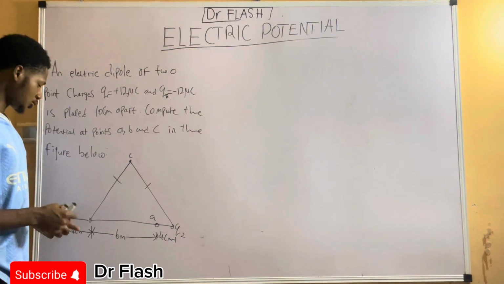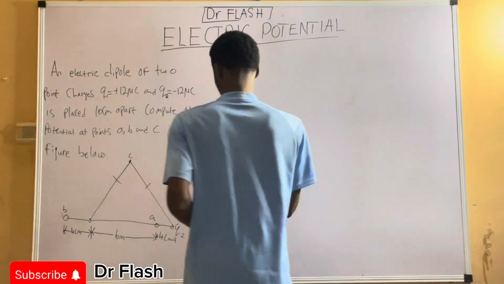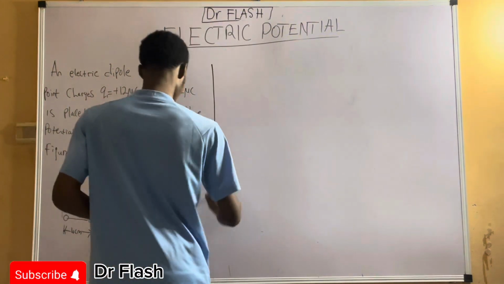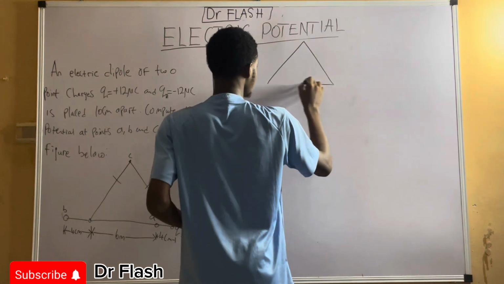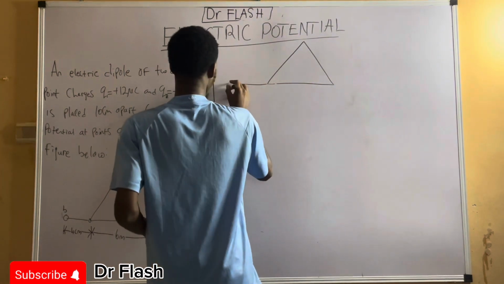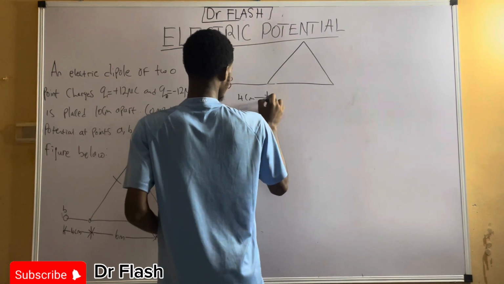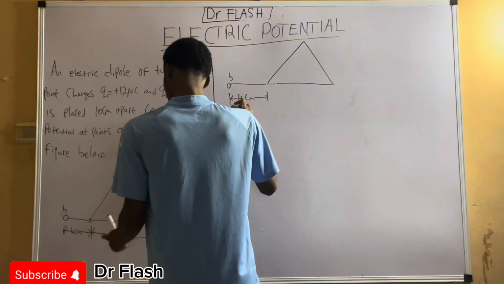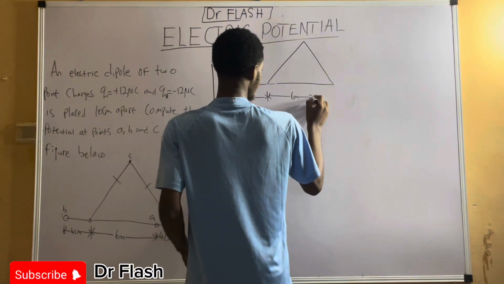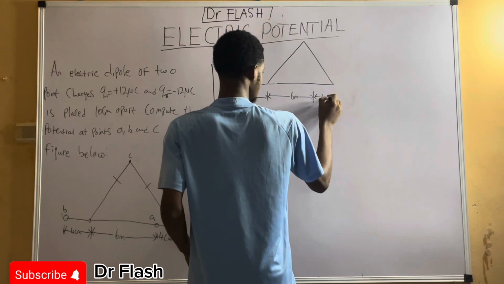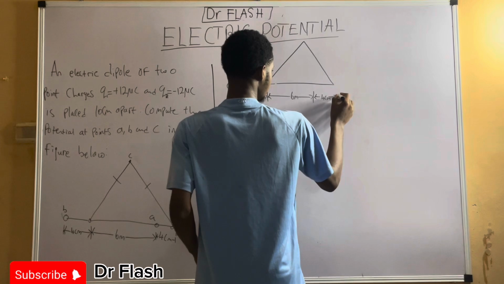This might not be too clear for you guys, so I'm going to draw another diagram up here. Now I'll have something like this. I'll have point B, which is 4 centimeter, 6 centimeter over here, and then 4 centimeter over here.